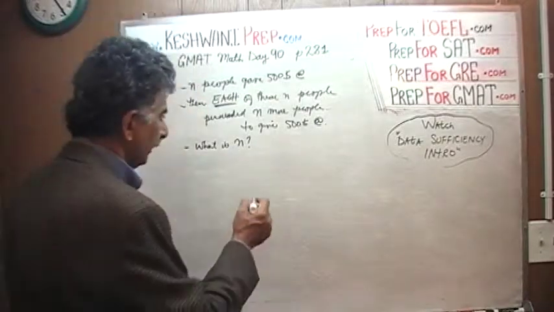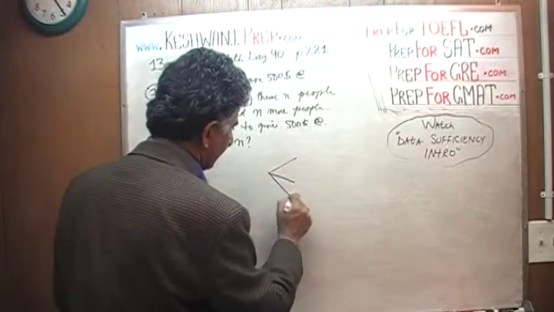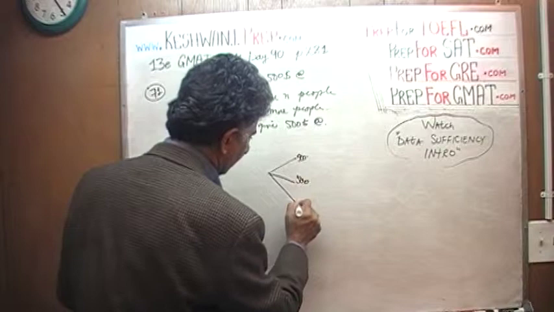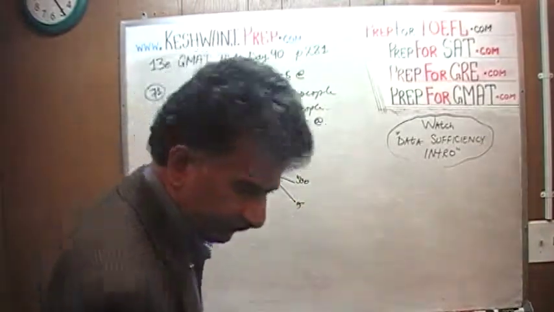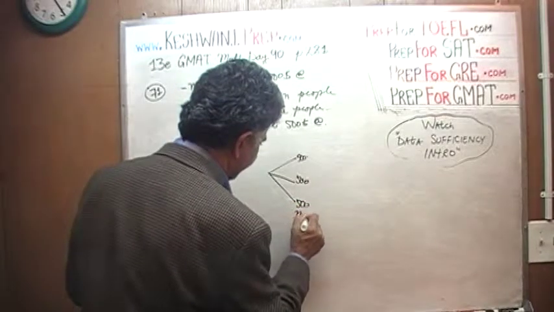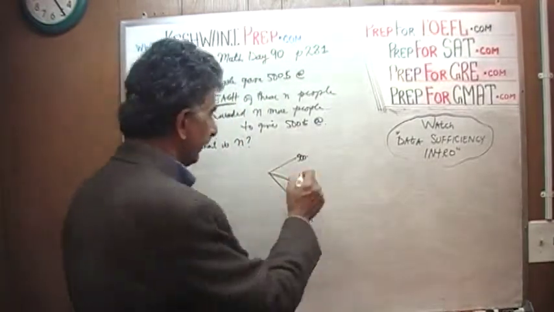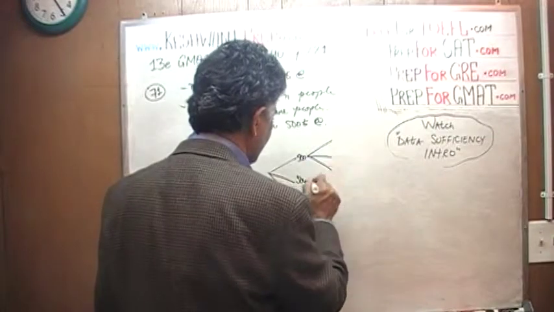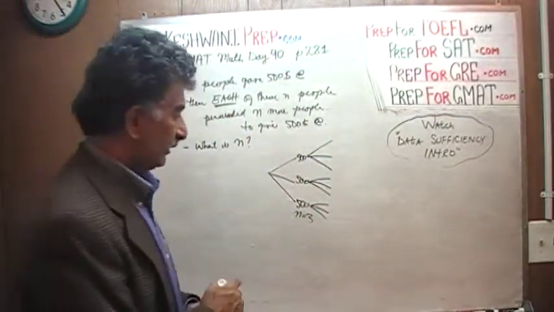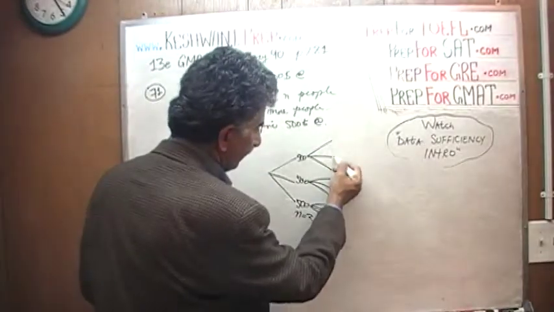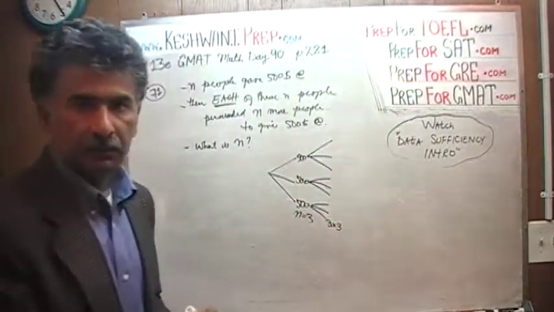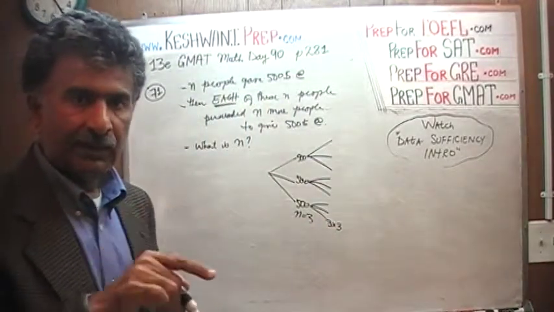For example, if three people gave $500 each, so in this case N equals 3. And then each of these three people persuaded three more people to give $500 each. So here N is equal to 3, and here we get 9. Where does 9 come from? 9 comes from 3 times 3, because each of these three people persuaded three more people.